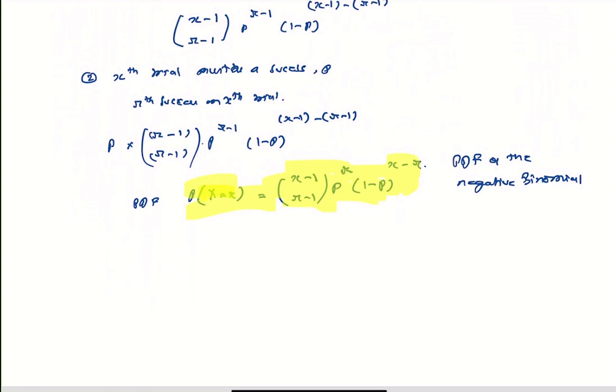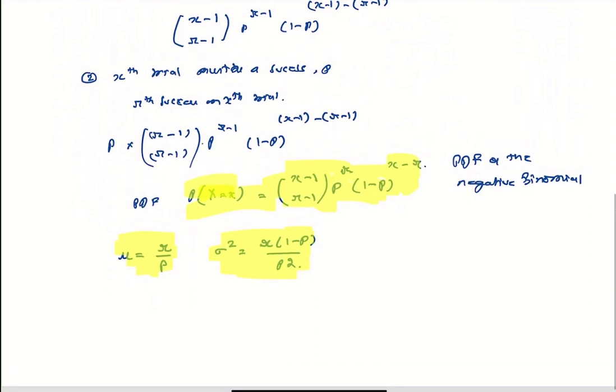The mean of the negative binomial distribution is r upon p, and sigma squared is equal to r times 1 minus p upon p squared. These are also important formulas for negative binomial distribution.